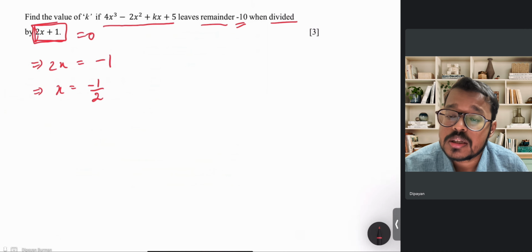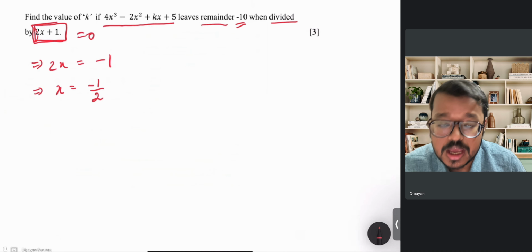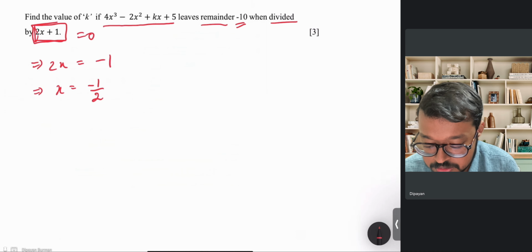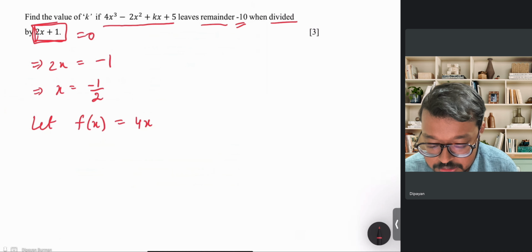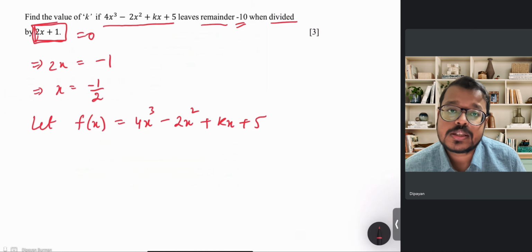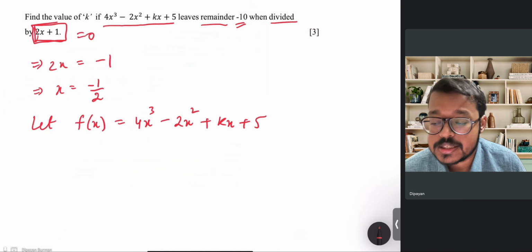So this value of x we will have to substitute in the dividend. And generally we use a notation like f of x. So let the dividend be f of x, which is equal to 4x cube minus 2x square plus kx plus 5. f of x is a polynomial with variable x.